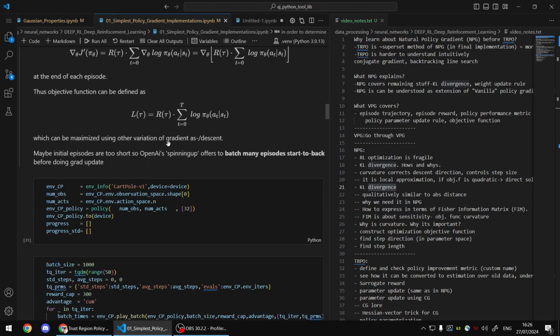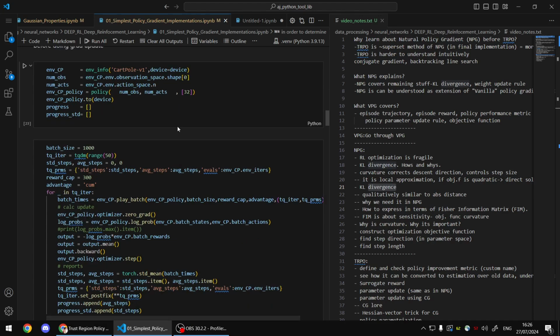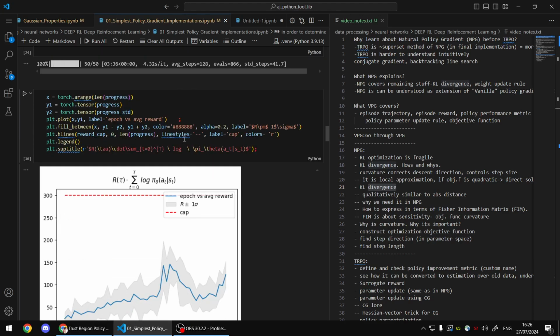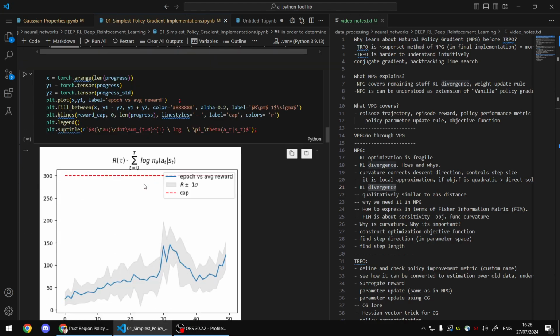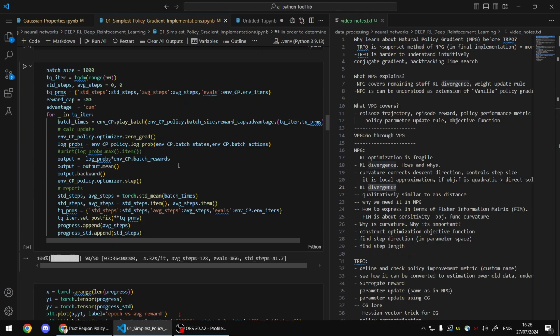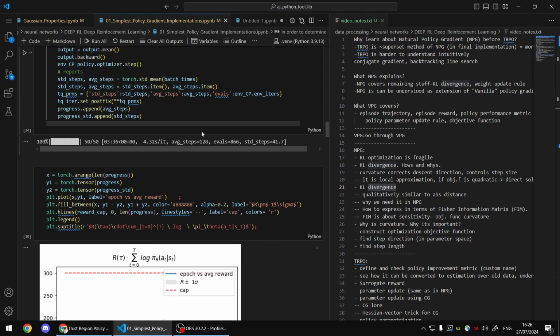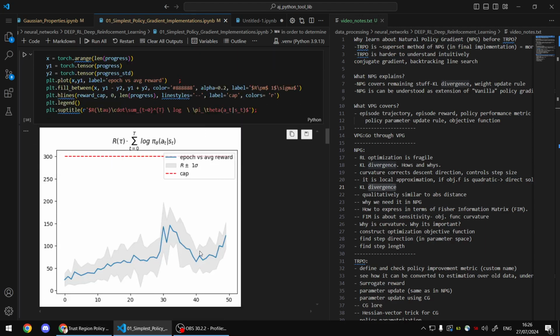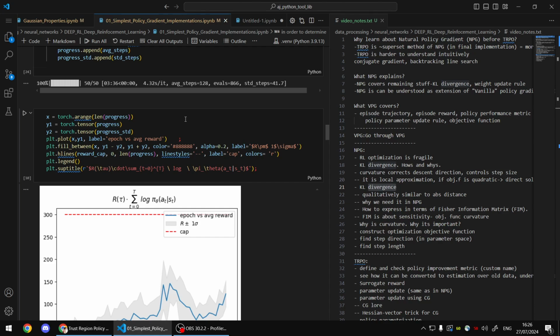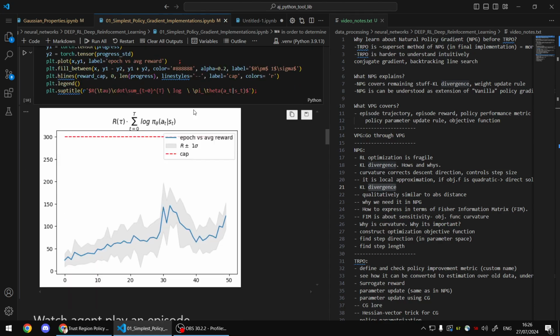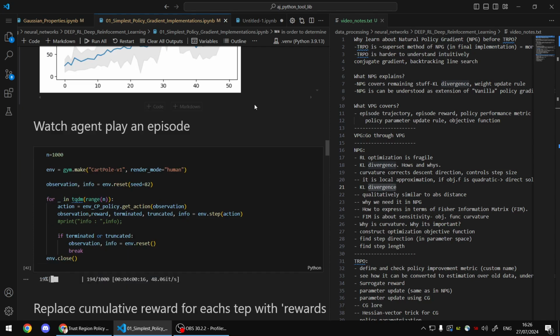I optimized it using the Adam optimizer. There was a case of pendulum, not pendulum, but CartPole. It kind of learned something in 50 steps. It's kind of slow, I'll be honest. Sometimes it takes minutes, which is a lot for such a simple problem.